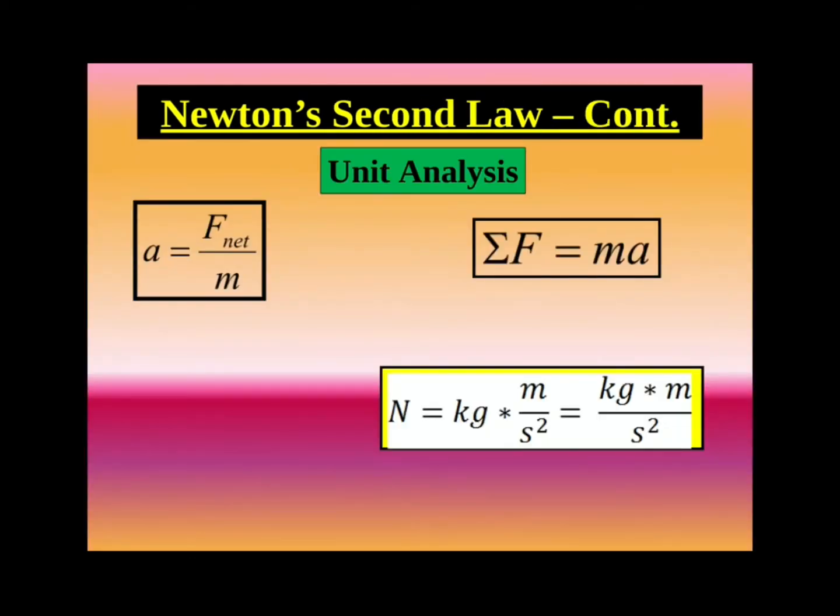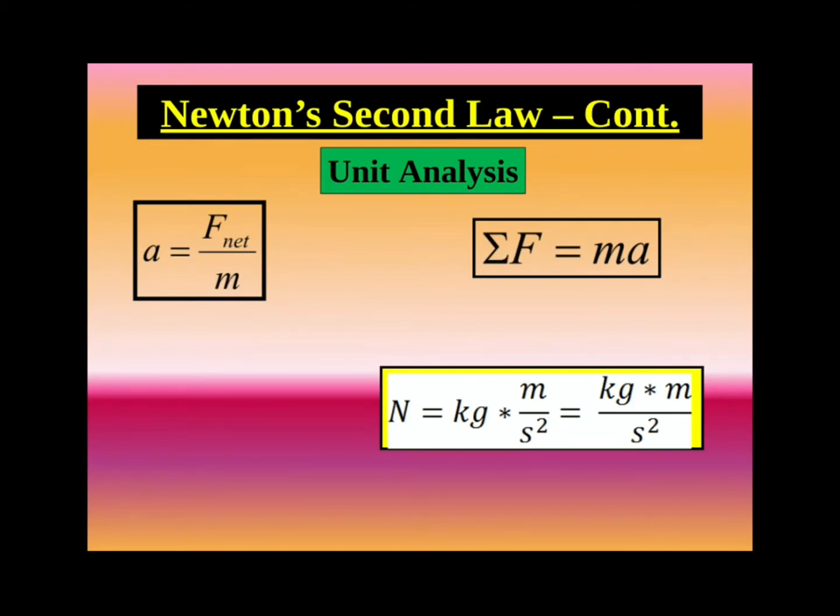If we look at the units, we can multiply mass over to the other side to see that force equals mass times acceleration, or F = ma. So newtons equals kilograms times meters per second squared, or kilograms times meters over seconds squared. That's what a newton is.